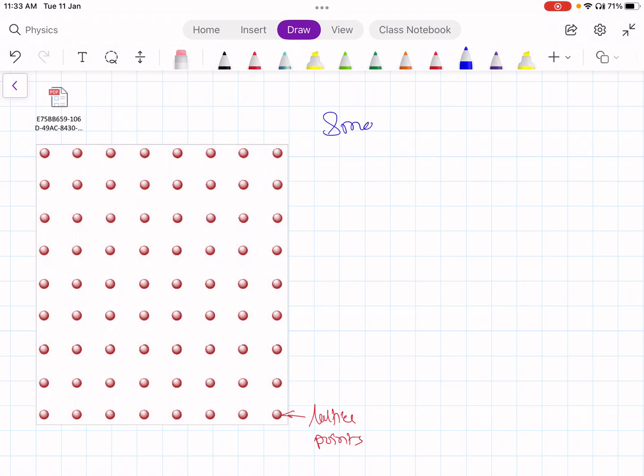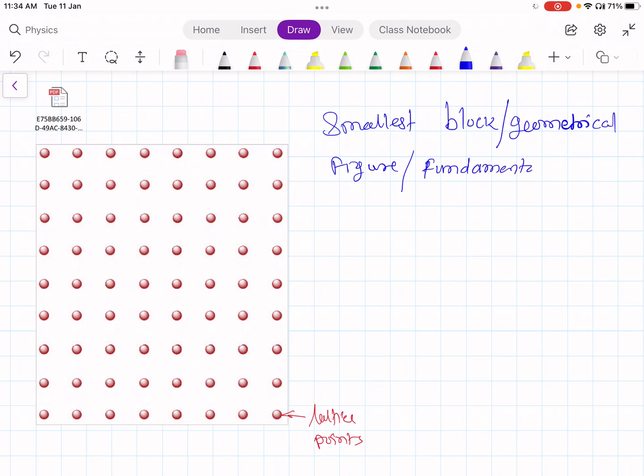You can define a unit cell as the smallest block, or instead of block, you can say the smallest geometrical figure, or the smallest fundamental elementary pattern from which the actual entire crystal structure is constructed.